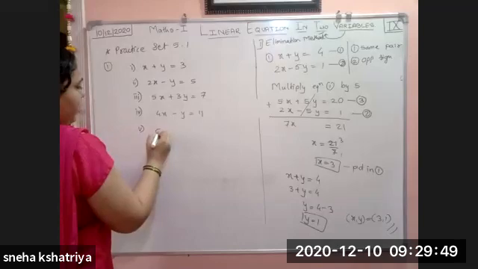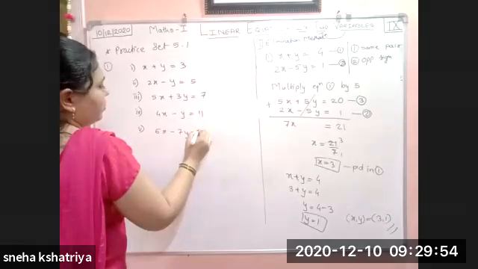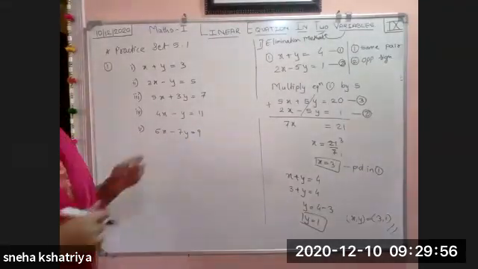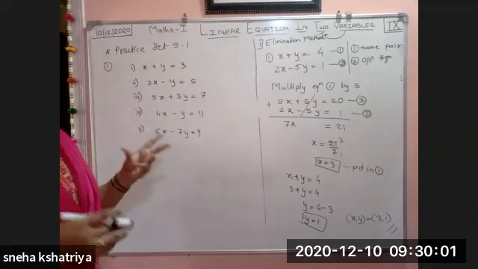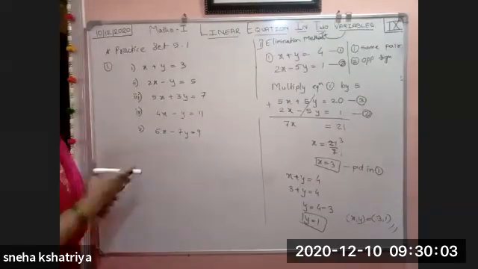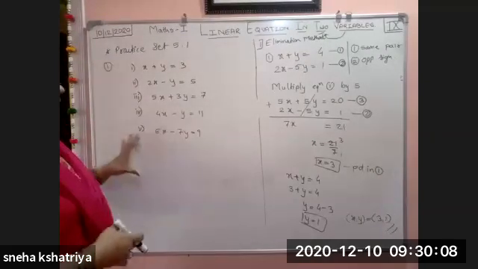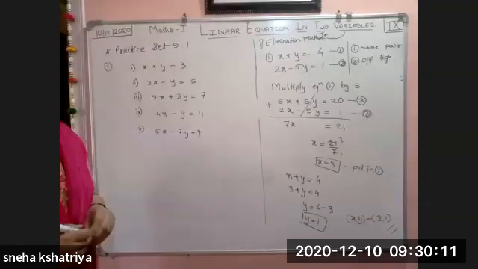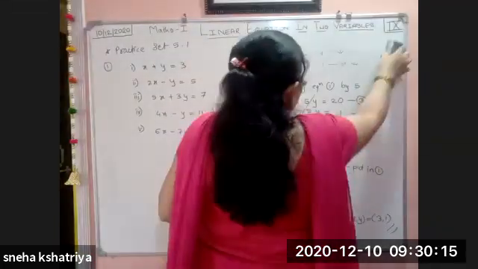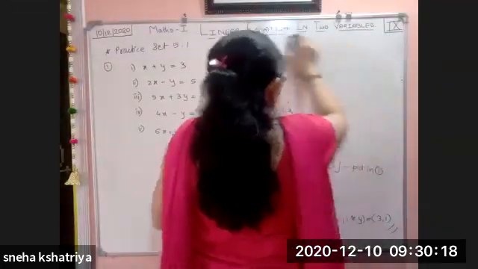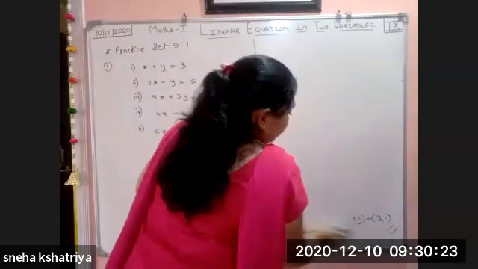There is no issue. 6x minus 7y is equal to 9. So these are any 5 linear equations in 2 variables. Whichever you want, you can write. If you want to write this, you can write this, or you can make your own also. There is no compulsion about the linear equations which you have to find here. Whatever you like, that you can write. If you want to change, then you can change also.